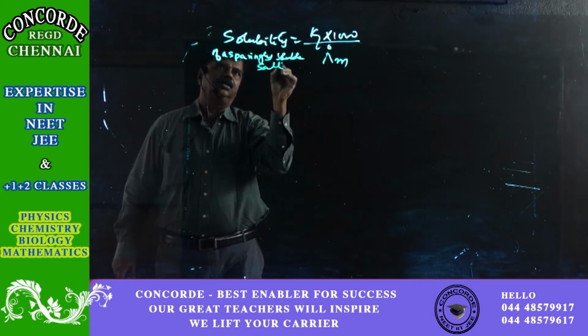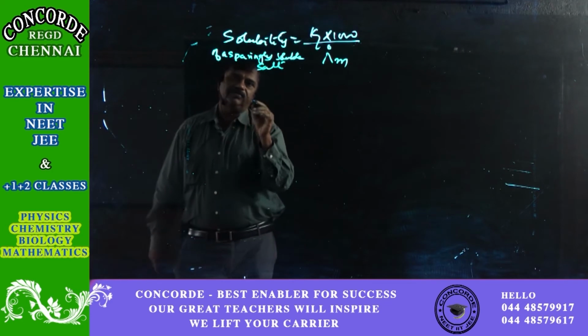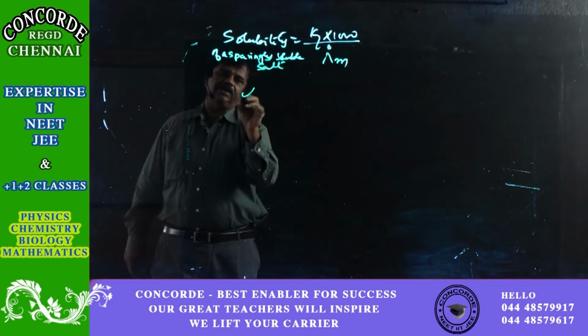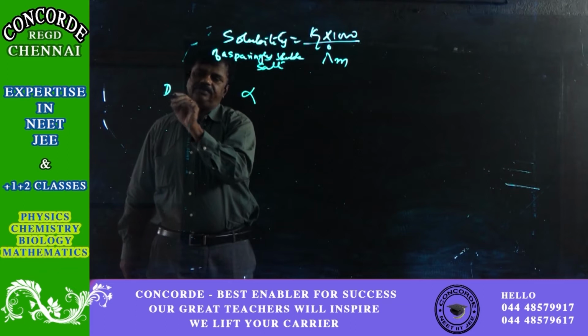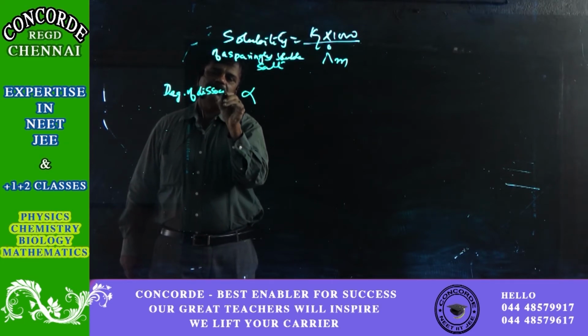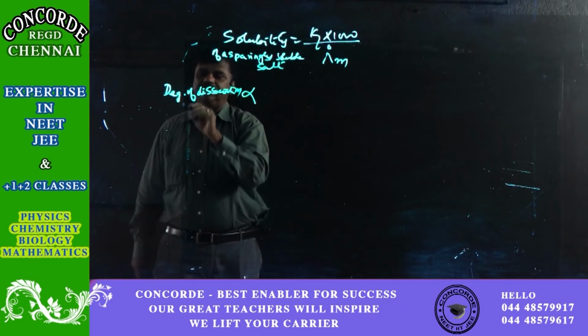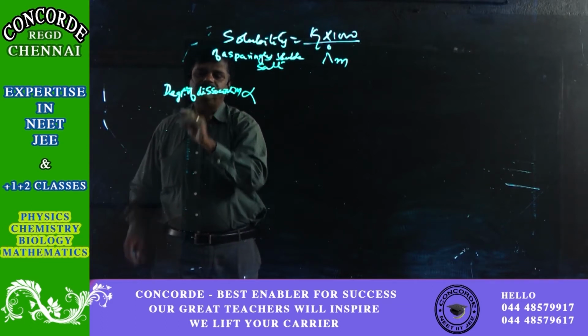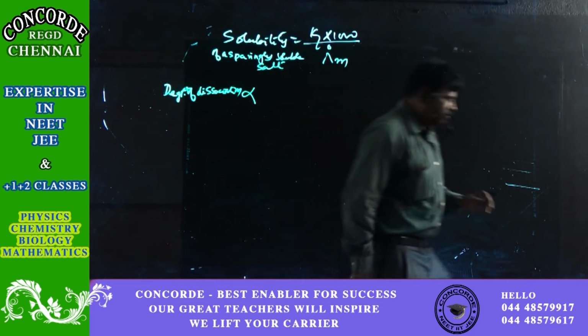Apart from solubility, we can also find the degree of dissociation, alpha, of an electrolyte using Kohlrausch law.